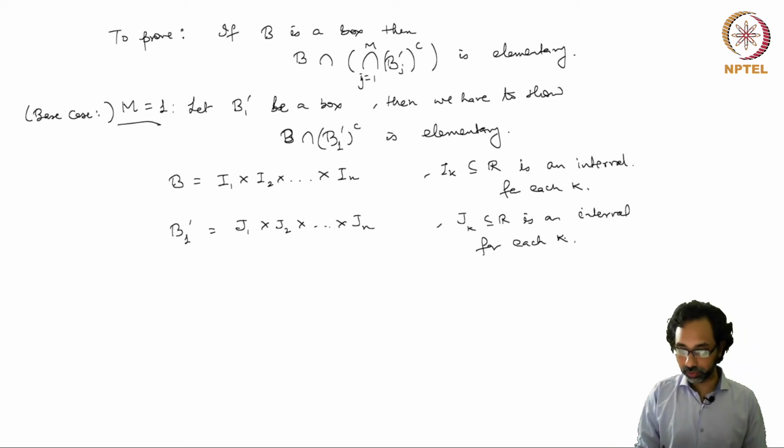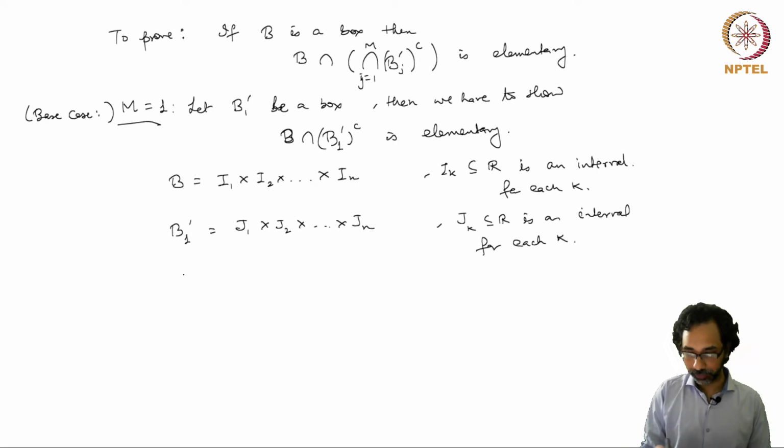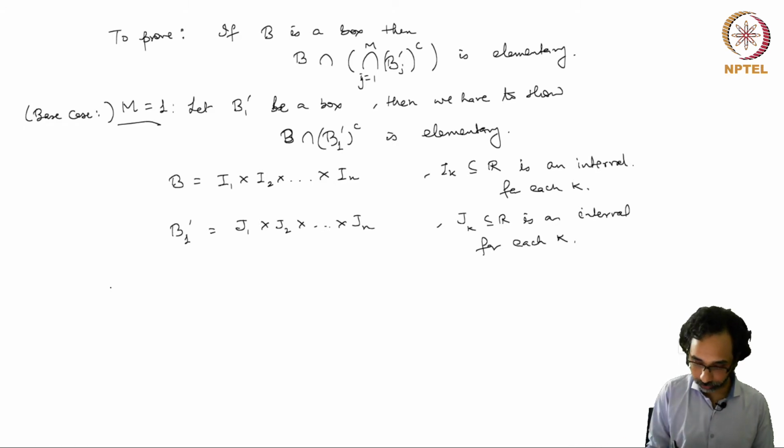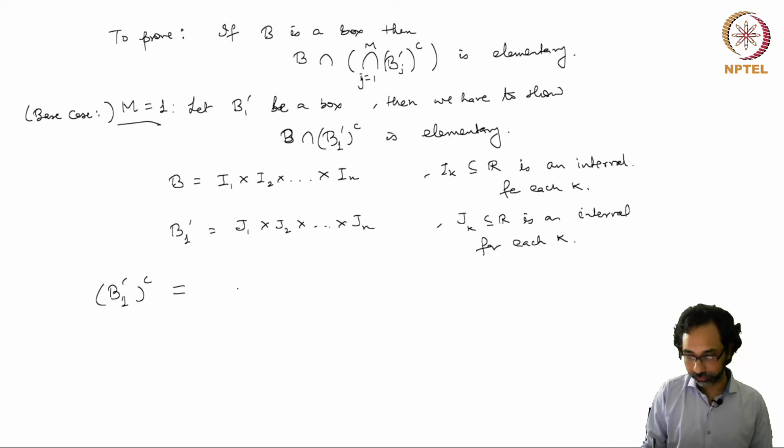Now, we have to use some formula which describes the complement of a Cartesian product of n sets in terms of the complement of the individual coordinate sets. So I want to write down a formula for B1 prime complement, and this is as follows.